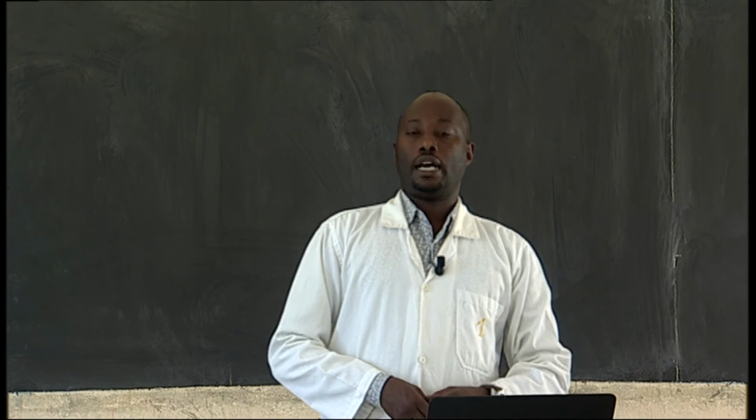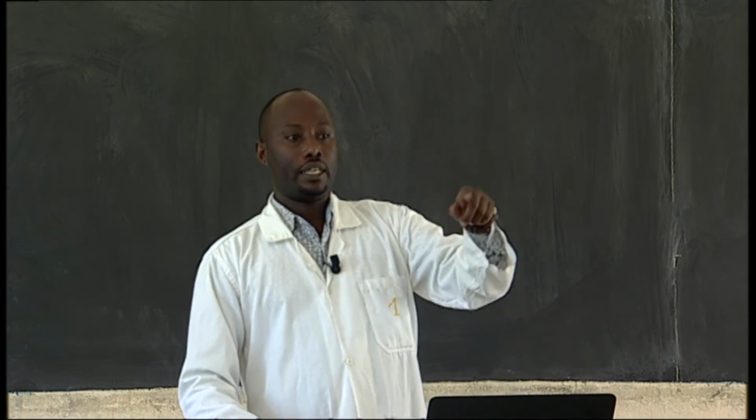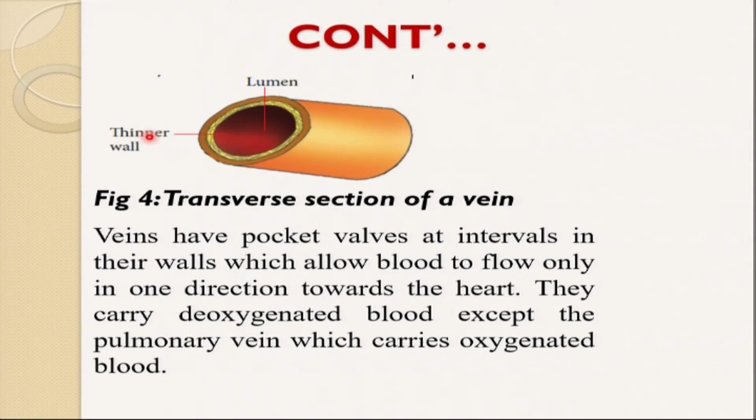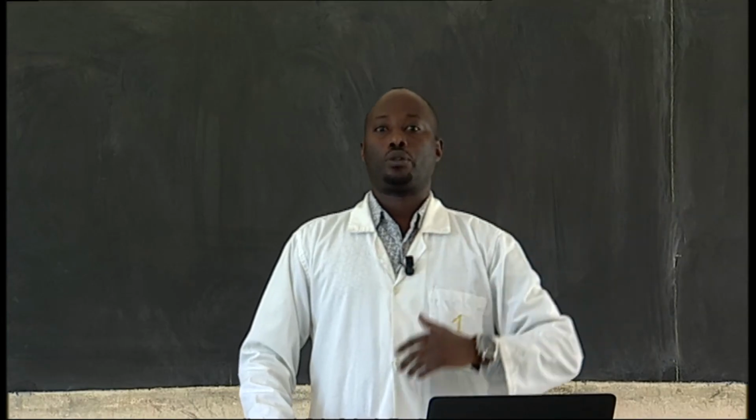We talked about the arteries being thick, but here on our diagram we see that the veins are thin. We talked about a small or narrow lumen, which helps to stand the pressure of the blood moving through the arteries. But here the lumen seems to be big. It means the blood flows without any pressure, because it is going back to the heart.